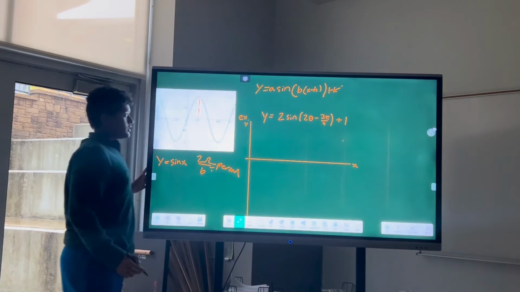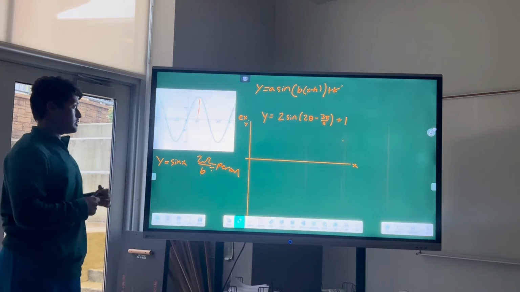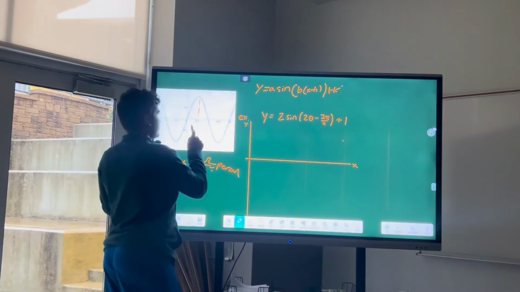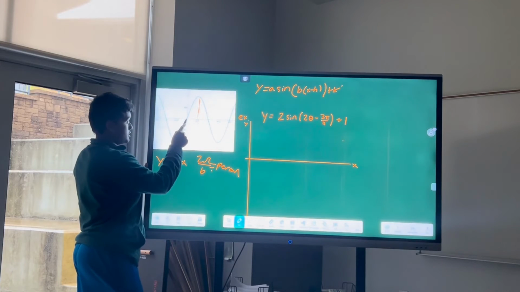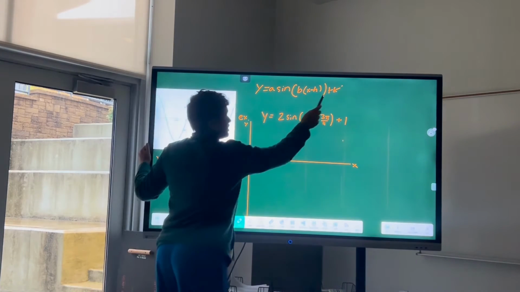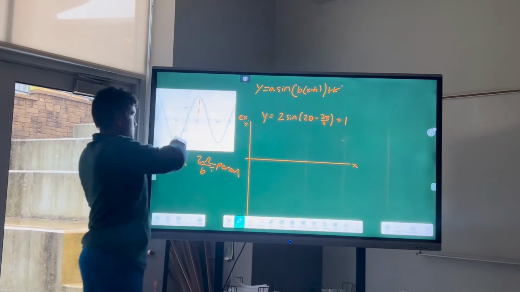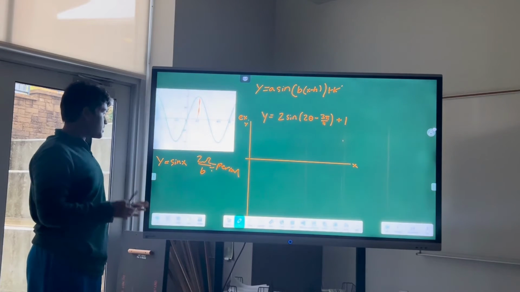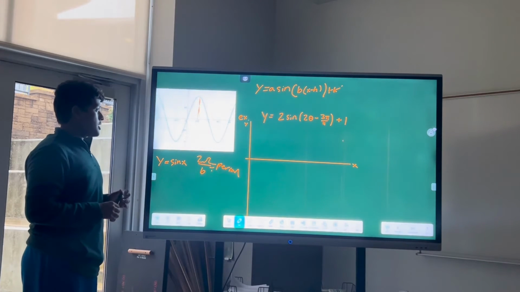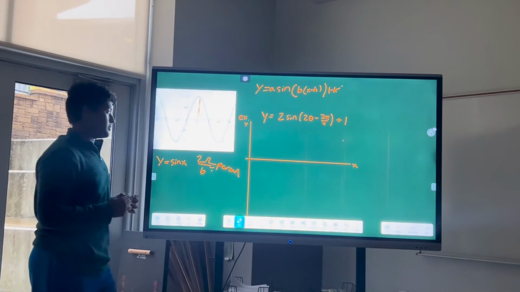H, just like any other function you've dealt with before, is going to give you a horizontal translation. This one has 0 horizontal translation, that's why it starts at the origin. And K is going to be your vertical translation. So this is just like any other function, and you shouldn't panic when you see this.